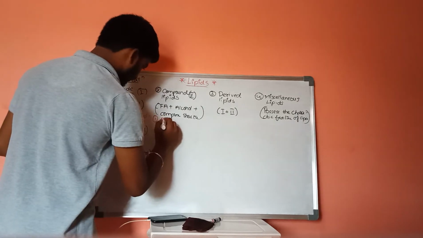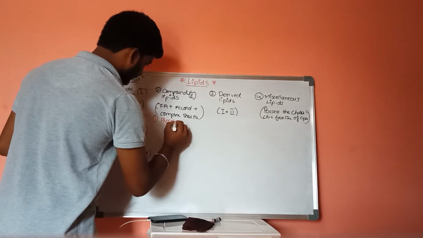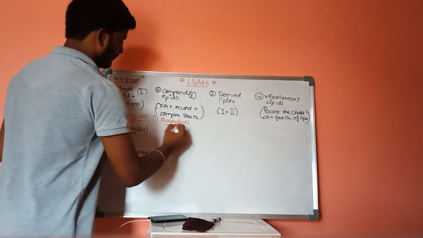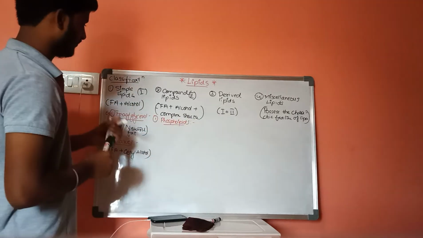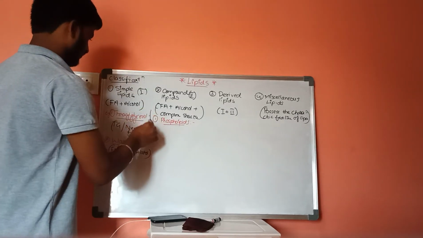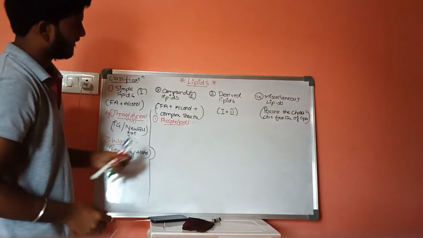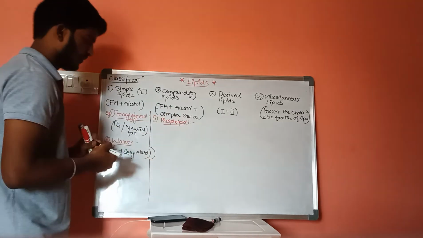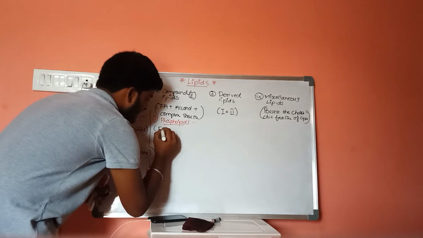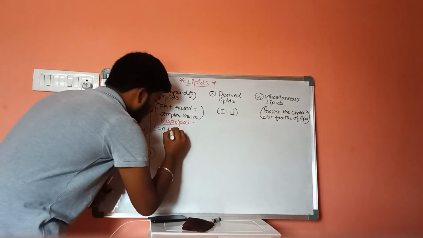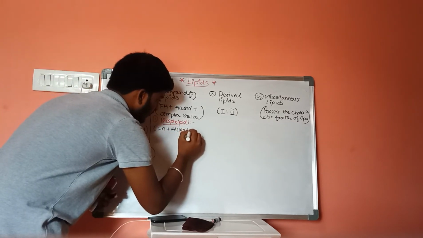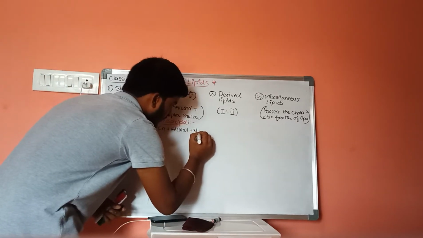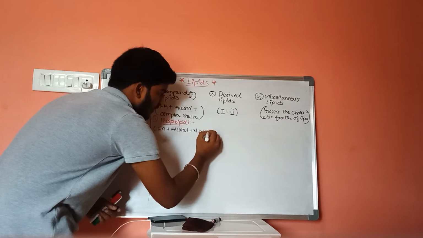phospholipids. These phospholipids consist of fatty acid plus alcohol plus a complex structure, that is nitrogen base plus phosphate ion.